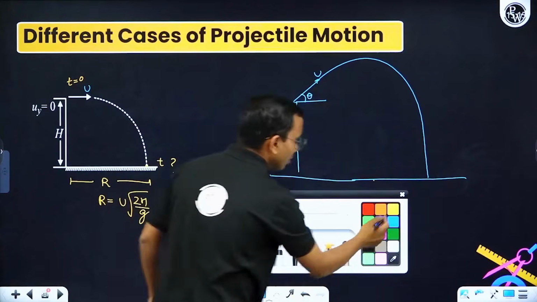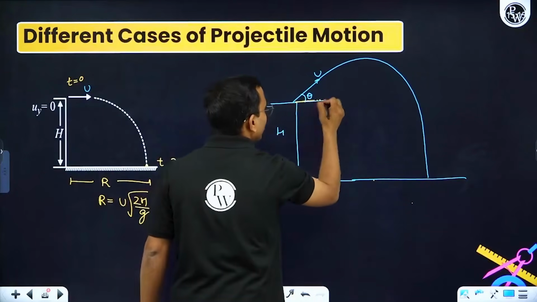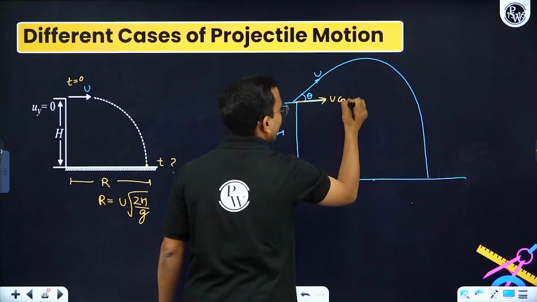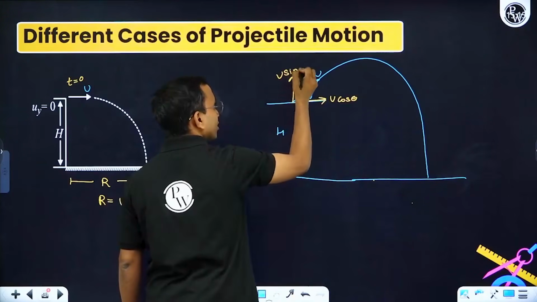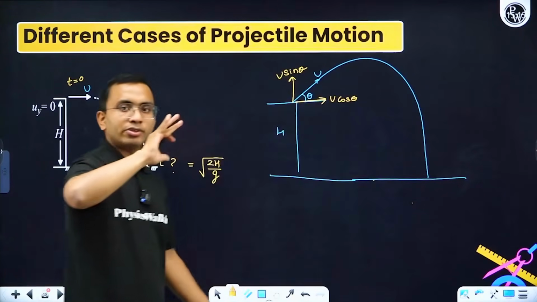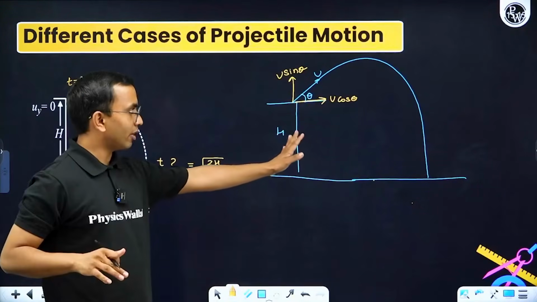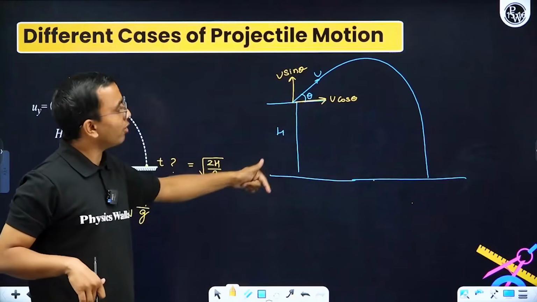Then again analyze the motion separately. This is your ux, u cos theta. This is uy, u sin theta. Along x direction there is only constant velocity, acceleration is 0. Along y-axis, acceleration in the downward direction.